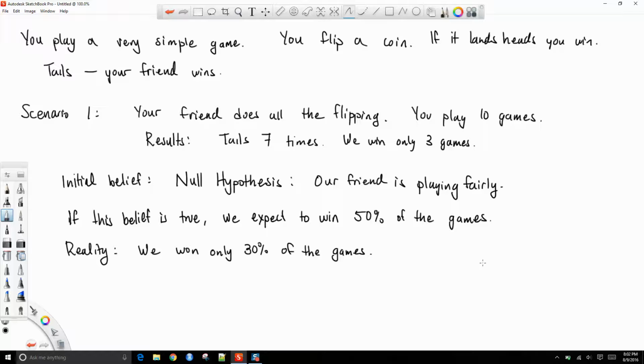When you flip the coin 10 times, it's very possible that you only get 3 heads. So when we look at the difference between the expectation and the reality, there's a 20 percentage point difference, and we'll have to talk about the standard error here. But basically, at this point, we would not accuse our friend of cheating.